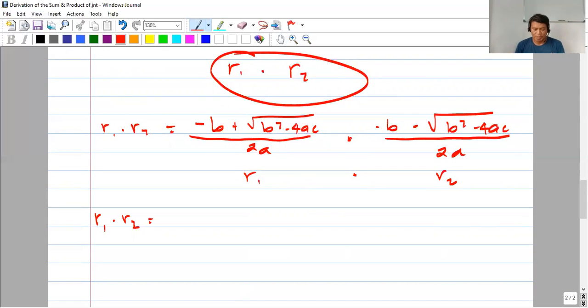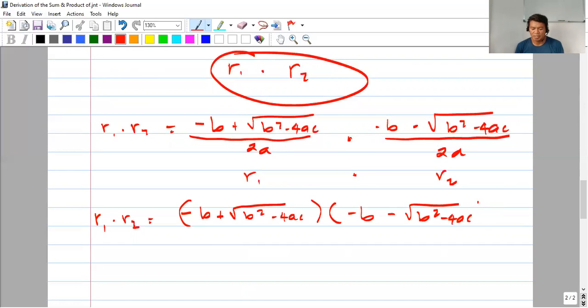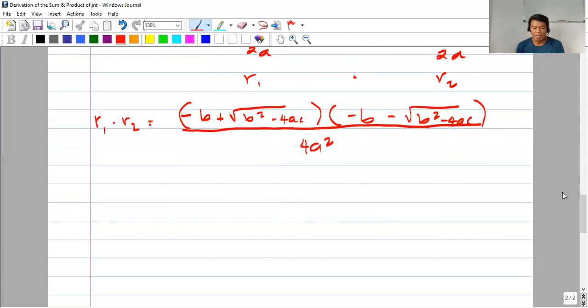In this case, we have negative b plus the square root of b squared minus 4ac, times negative b minus the square root of b squared minus 4ac, all over 2a times 2a, which is 4a squared.